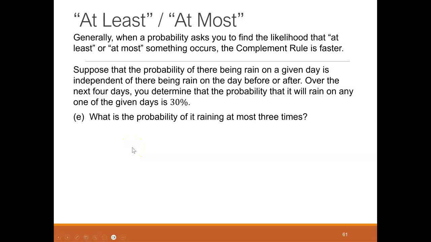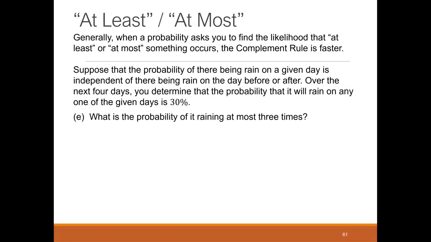All right. What is the probability of it raining at most 3 times? What does at most mean? Means less than or equal to 3. So that means you could rain 0 times, 1 time, 2 times, or 3 times.